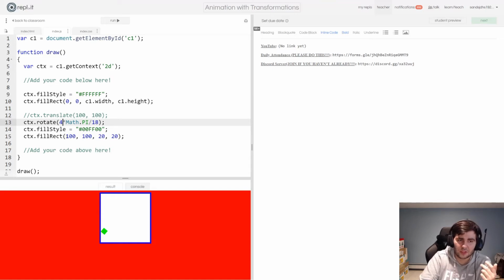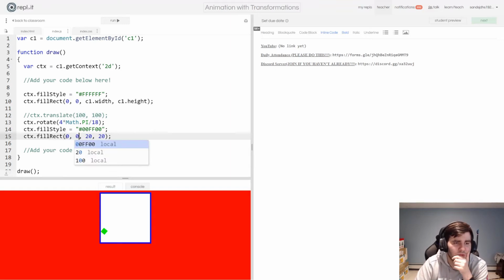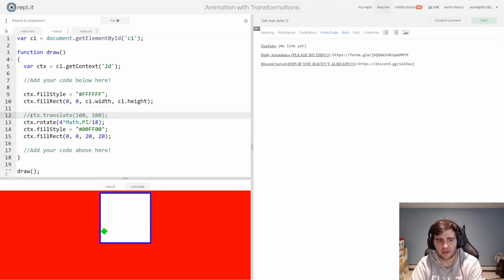So let's say we wanted to rotate this around the center of this rectangle. This is not going to be the center of the rectangle, but all right. If we rotate like this, we'll actually get a little bit closer. Now the point of rotation is actually just here.